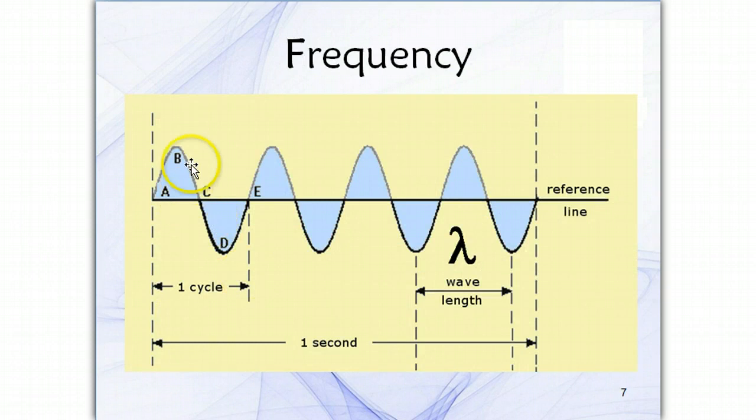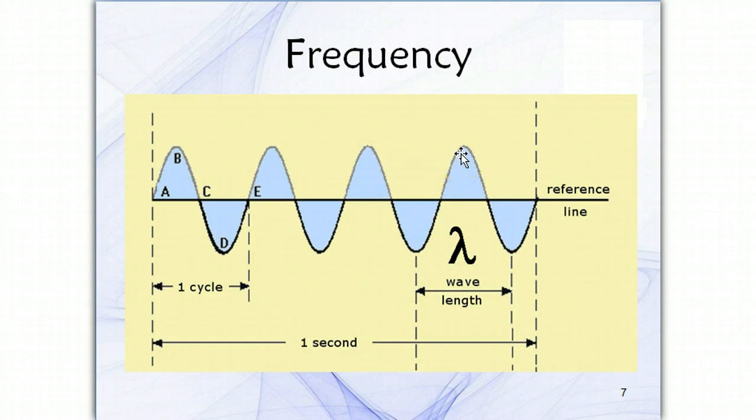They comprise one complete cycle having a maximum value above and a maximum value below the reference line. The above line would be the positive alternation, as you would reasonably predict, and below that line would be the negative alternation. Wavelength is one 360-degree cycle, the distance from one crest of one wave to the next.